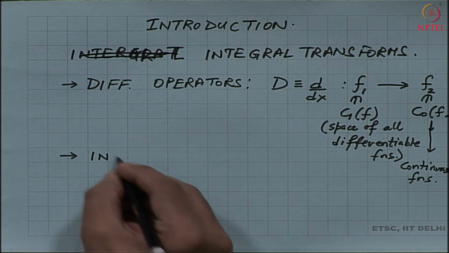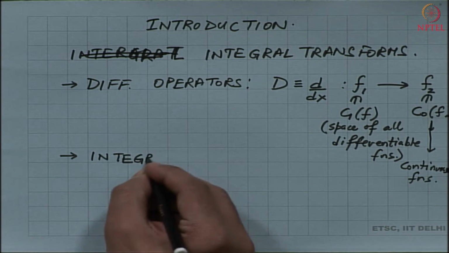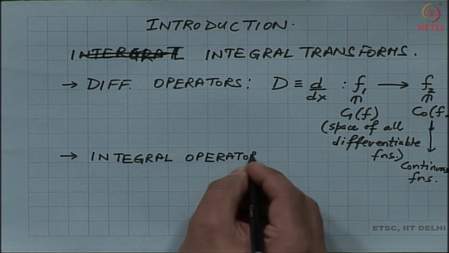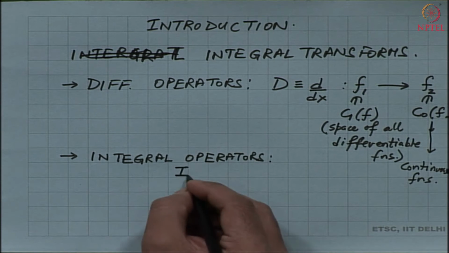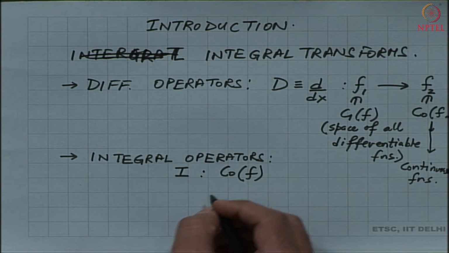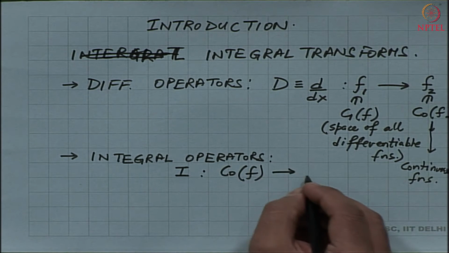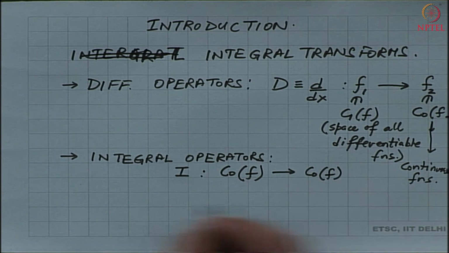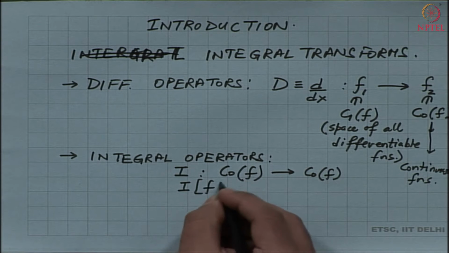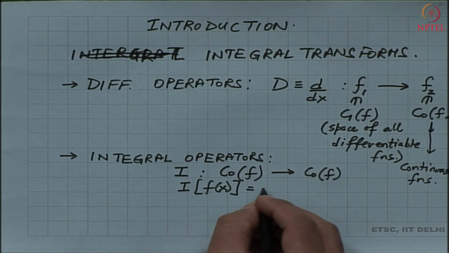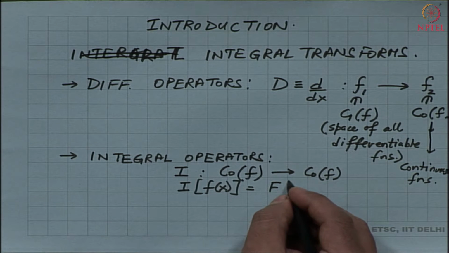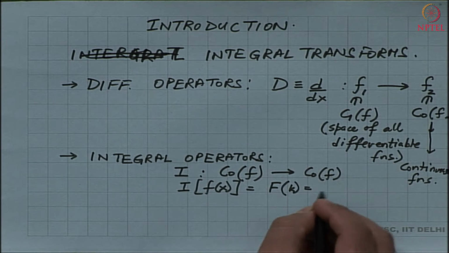So, when I say integral operators, I mean the following function I coming from the space of all continuous functions C0 to the range of all continuous functions C0, given by I of the function f equals, let us denote it by some other notation, let us say F of k, as follows.